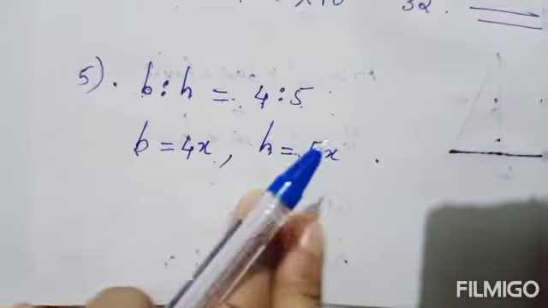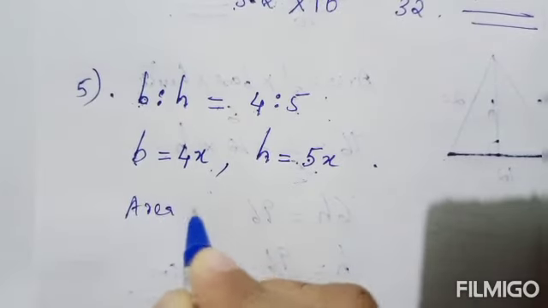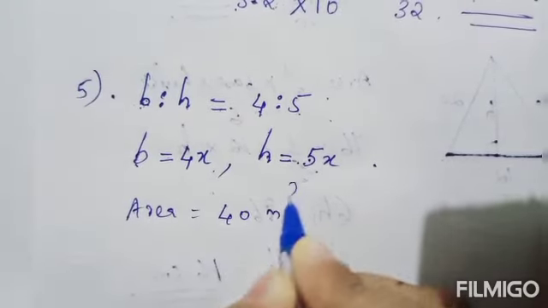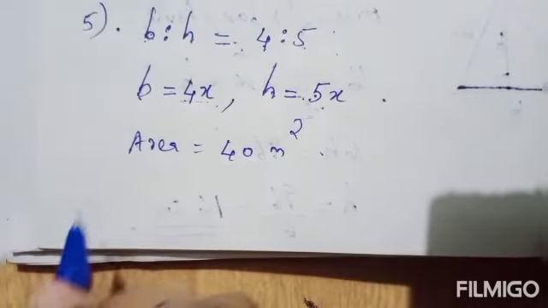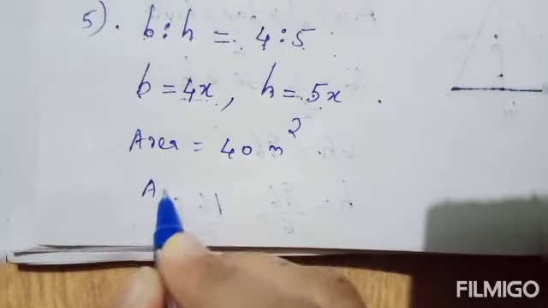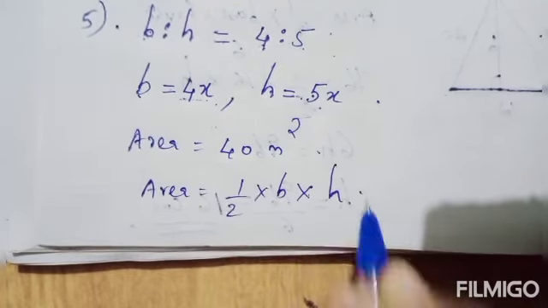Now what you need to find here: the area of the triangle is given as 40 meter square. You have to find the base and height. What is 4x, what is 5x, you have to find. So which formula can you use here? Area equal to half into base into height.